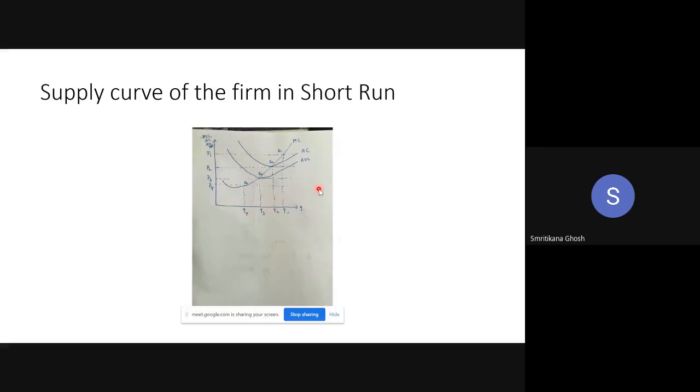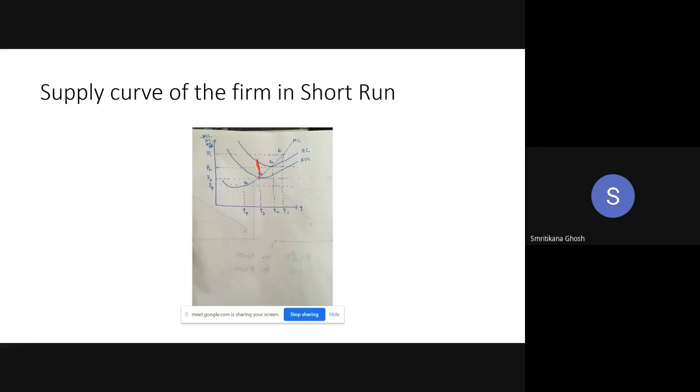Still it is okay. Now look, if the price is P3, lesser than P2, equilibrium is E3. Your average revenue is E3Q3. Let me draw, otherwise I cannot explain. It will be a clumsy one, but I have to. Your average cost will be like this.